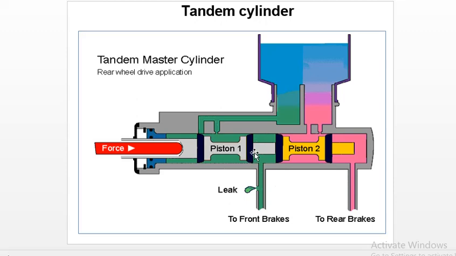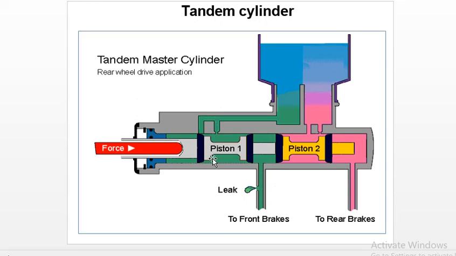So here the idea is the same. The area which is exposed to the fluid is more. Due to that, more power or more load can be handled by means of the tandem cylinder in a small space, or where the space is very limited. In that case the tandem cylinder is used.